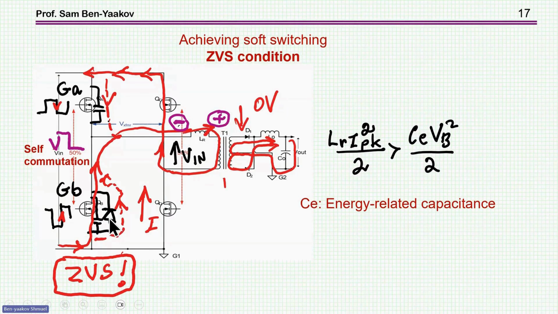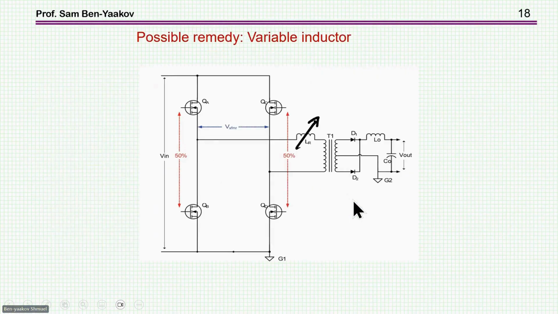And this is, of course, causing losses and reducing the efficiency. Okay, so this is very sensitive. So this brings the idea that if I would like to cover a full range, then I can have here a variable inductor so that I can adjust it.